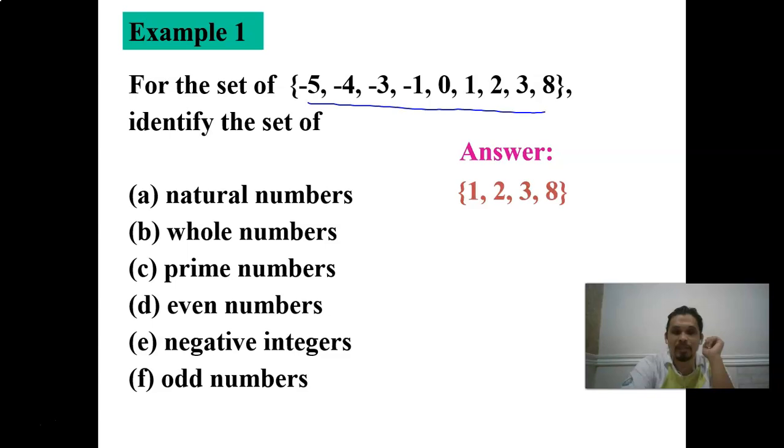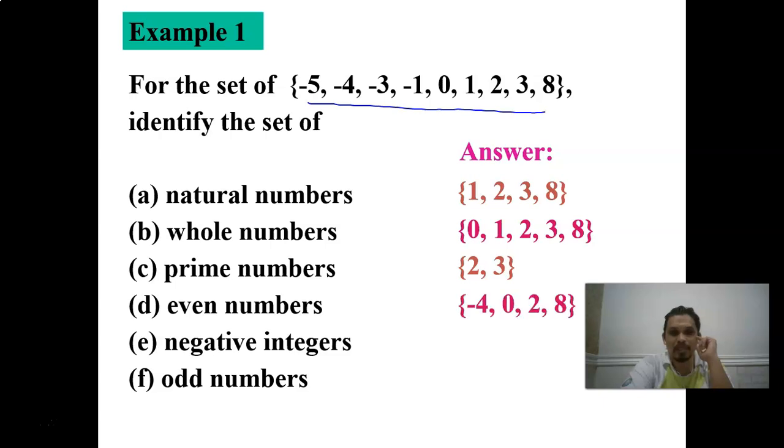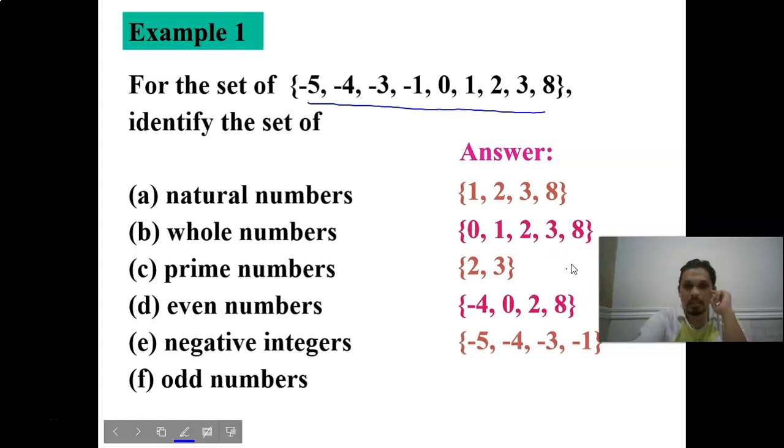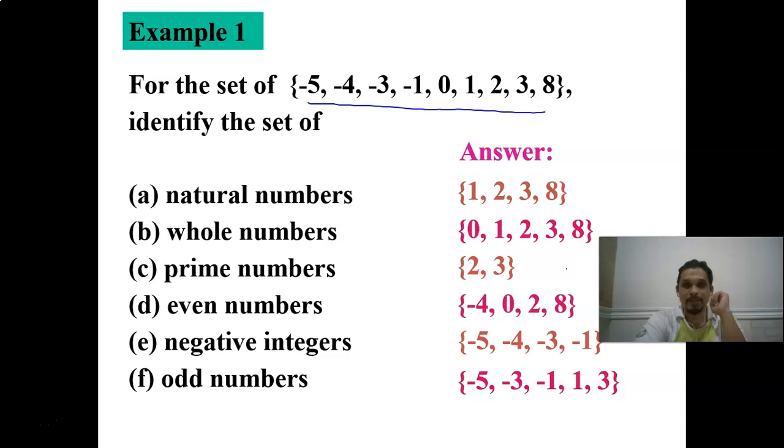The natural numbers, whole numbers, prime numbers: numbers that are greater than 1 that divide by 1 and itself. 8 can be divided by 2 or 4, so it's not a prime number. Then even numbers, negative integers, and odd numbers.